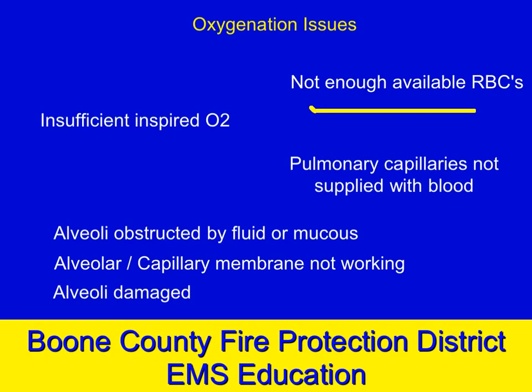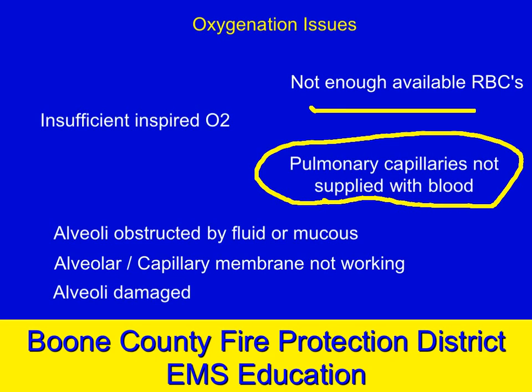It doesn't make any difference how well air is moving in and out and how well gas exchange can occur if there aren't enough red blood cells in the blood that goes by the alveoli. Then there's just not going to be enough oxygen picked up and taken around. By the same token, suppose that there's insufficient blood flow to those pulmonary capillaries for whatever reason, maybe a shock state, or maybe there's a blockage in the inbound vasculature to those capillaries.